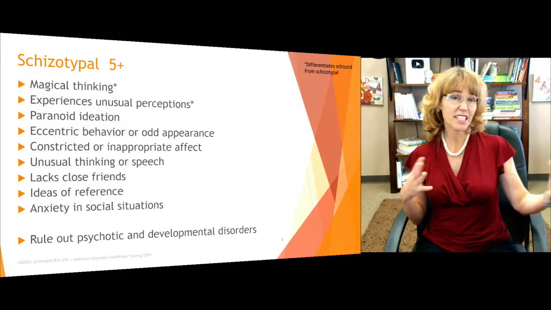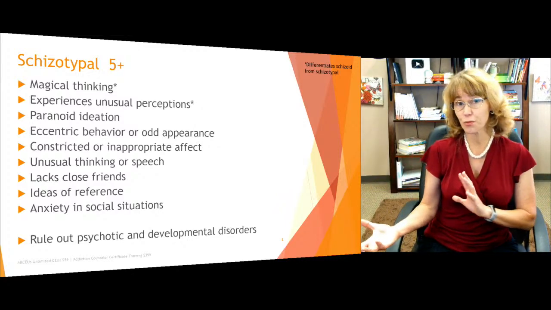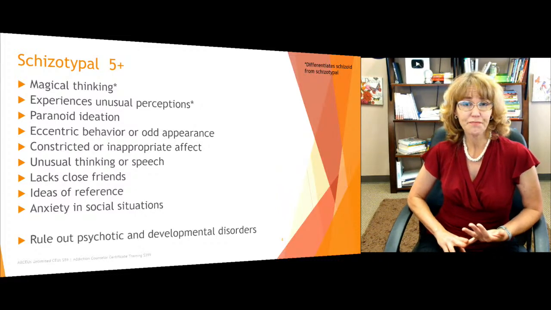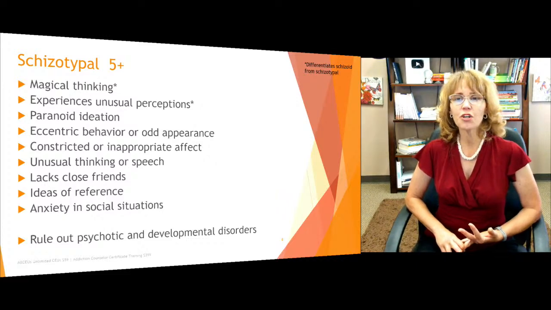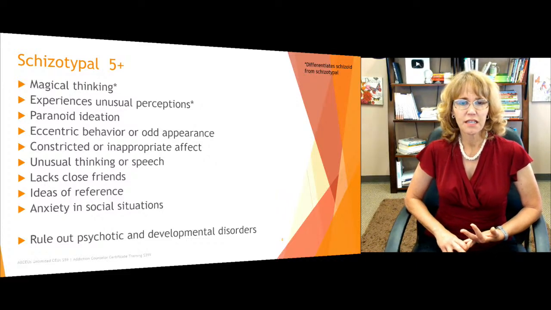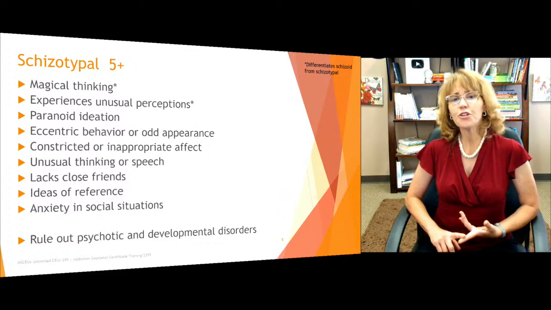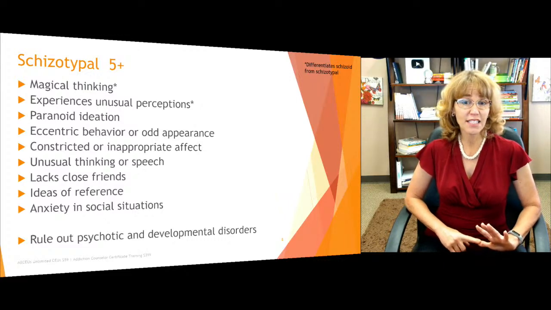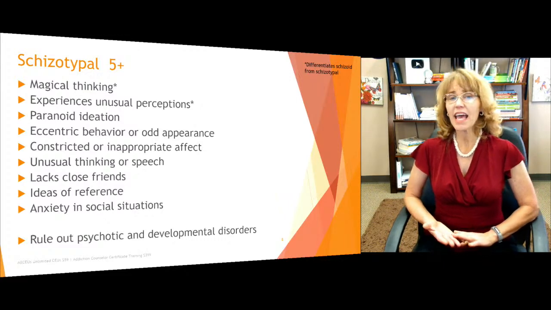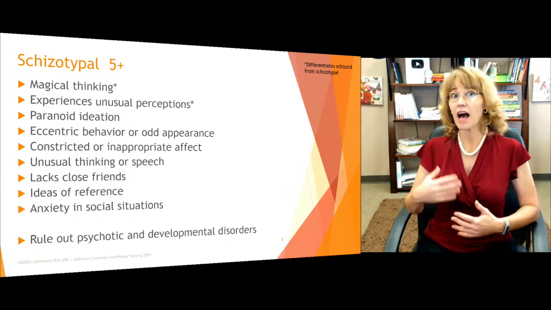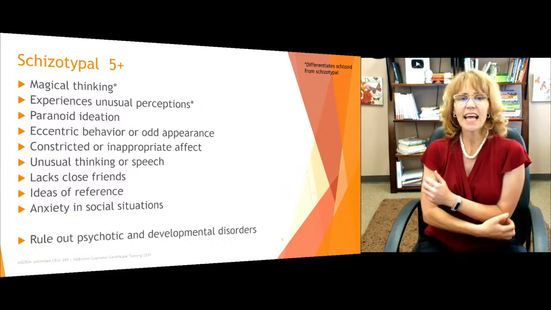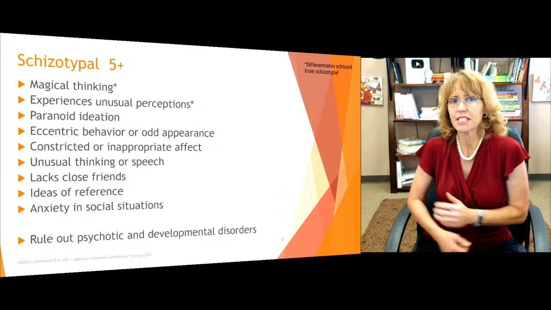They may experience things that aren't there or experience them vastly differently. Paranoid ideation, eccentric behavior or odd appearance, constricted or inappropriate affect, unusual thinking or speech, lacks close friends. They may have ideas of reference. If something happens, then that means this. And anxiety in social situations.